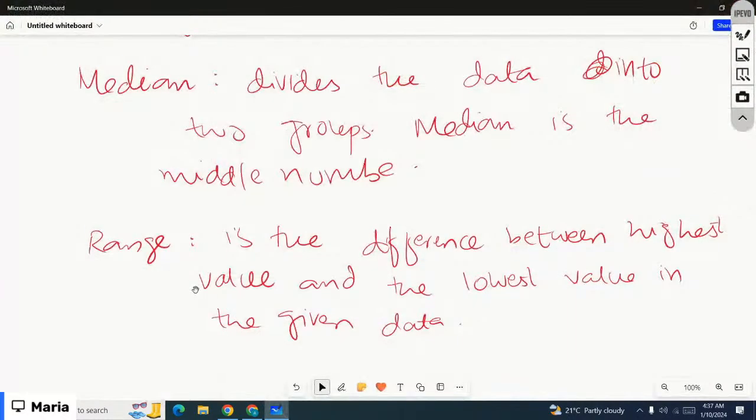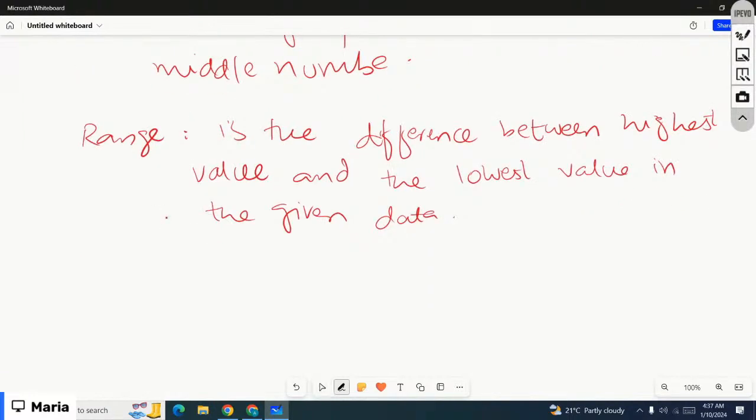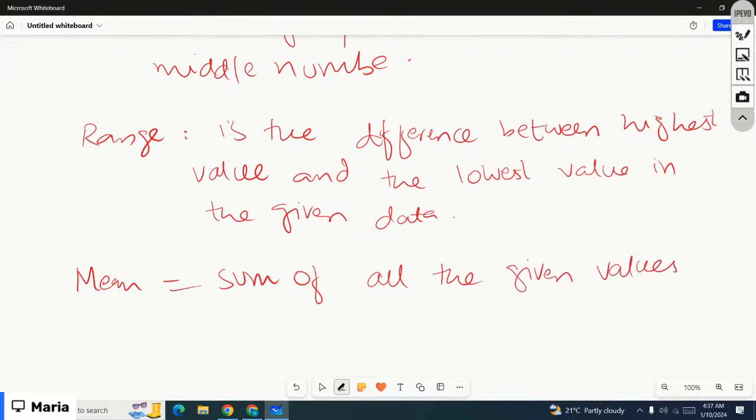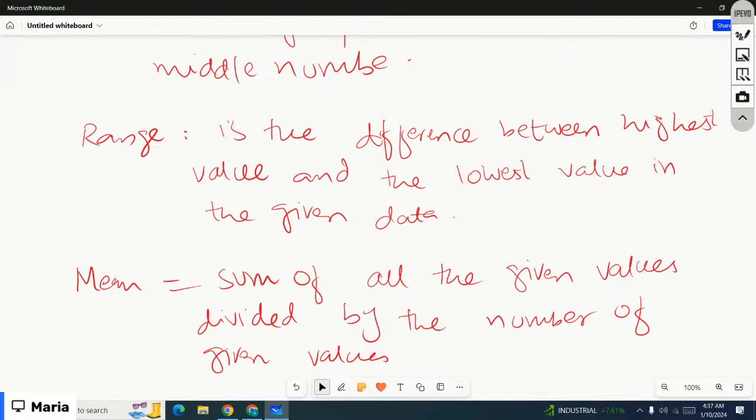The mean is the sum of all the given values divided by the number of given values. Got it?